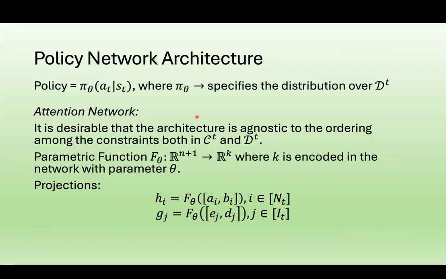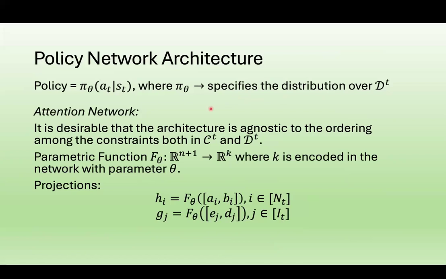So pi theta basically specifies the distribution over DT, which is nothing but the set of all candidate cuts at Tth iteration. So we are just trying to get the probability of making a particular cut when in the state ST.